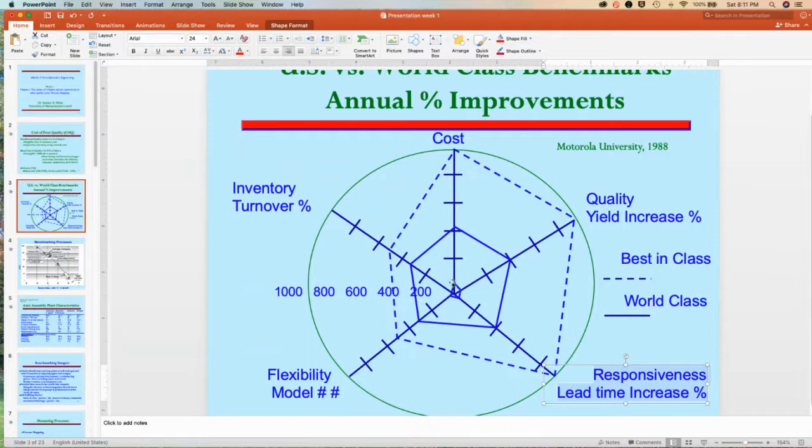An average American company right here in the middle was growing at 10% per year. Great, but that's no big deal. A lot of times I came in because companies said, we want to be best in class. Best in class, the idea that they're growing 200% a year. Well, that's pretty fast. Then they're improving their quality by a factor of 2 every year, which is possible. And then world class is being the best in the world.